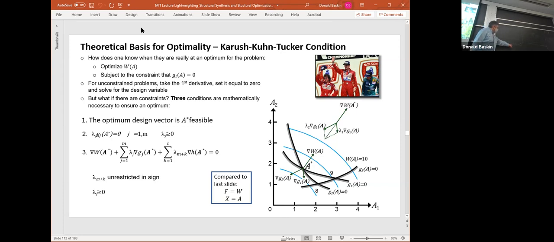At first this looks a little strange to me, that this equals 0. But when I went back and thought about some of the examples I showed you a couple of weeks ago, where we had a column under buckling, and we had the 3 trusses, the constraints were always about stress: don't get the stress above a certain point or else this thing's going to break.